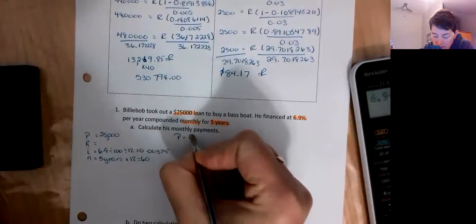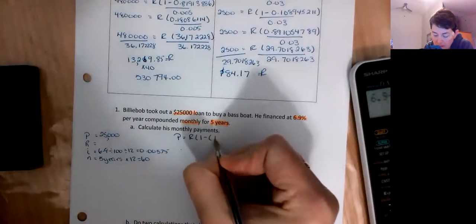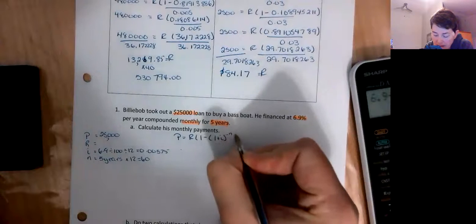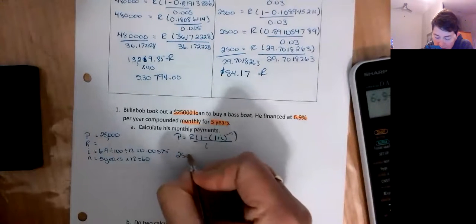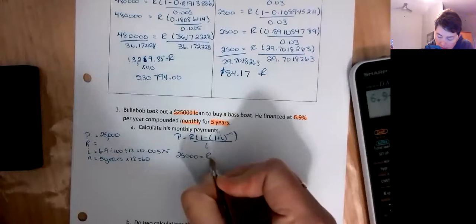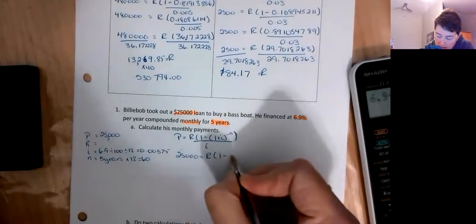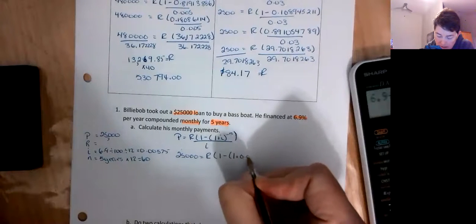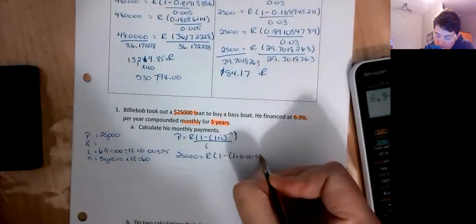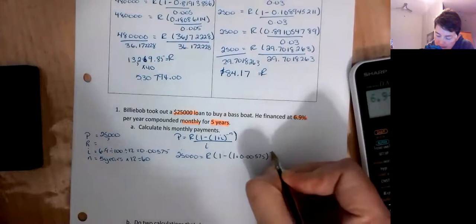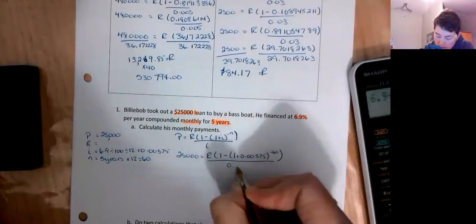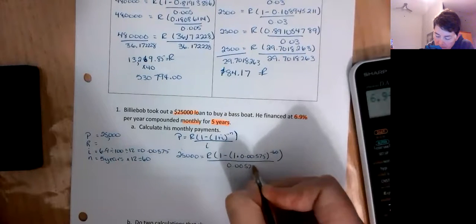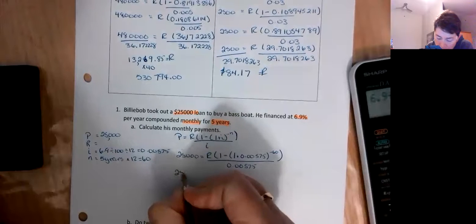So payment is equal to the regular amount, 1 minus 1 plus I to the minus N, all divided by I. So 25,000 is equal to R, 1 minus 1 plus 0.00575 to the minus 60, all divided by 0.00575. Okay, 25,000.